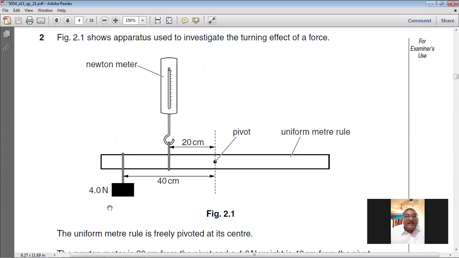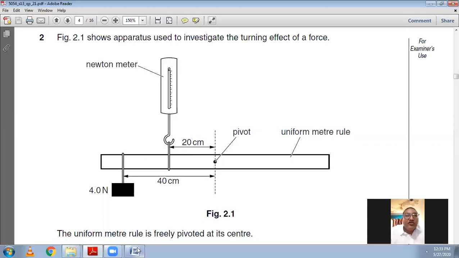Because the thing is in balance, the clockwise moment and the anti-clockwise moment will be equal. So F multiplied by 20 equals 4 multiplied by 40. So F will be equal to 4 into 40 divided by 20, and F will be 8 Newton. So the reading on the Newton meter will be 8 Newton.